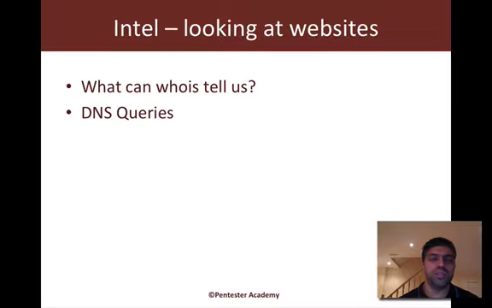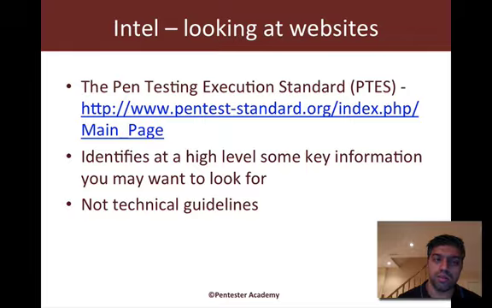Same sort of thing, Whois can tell us all kinds of things. DNS queries are also useful for this sort of thing. The pen testing standard listed there is something I suggest you review. It tells you at a high level the sorts of key information you may want to look for.